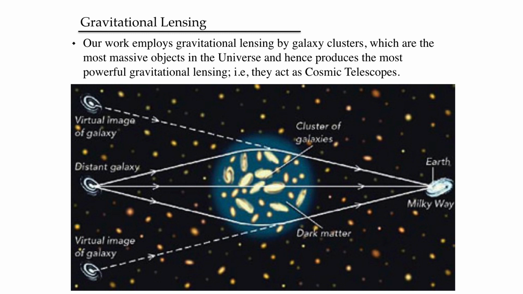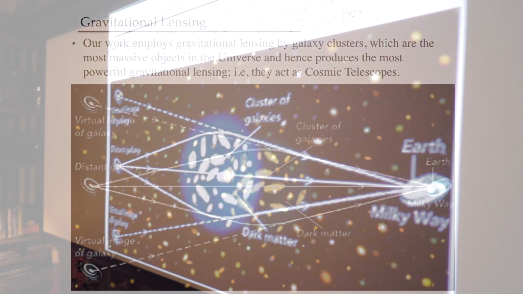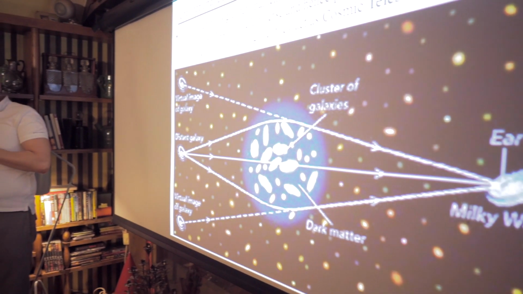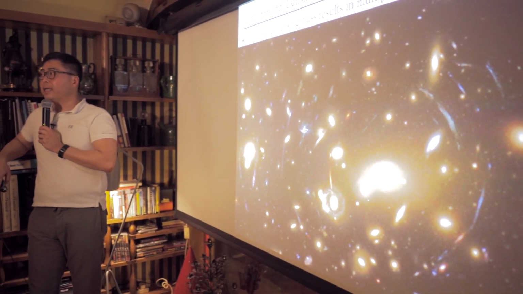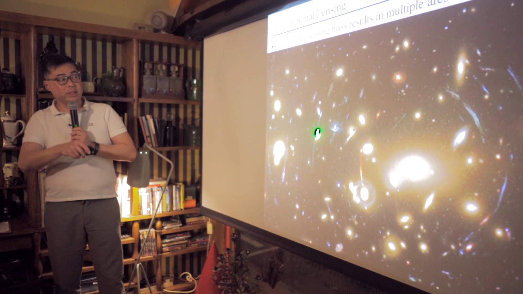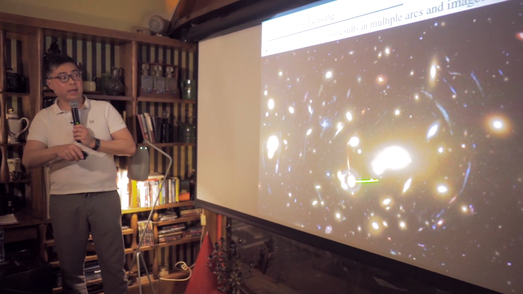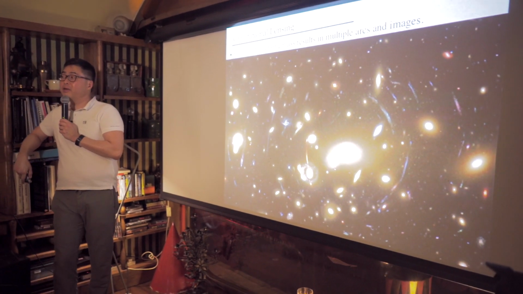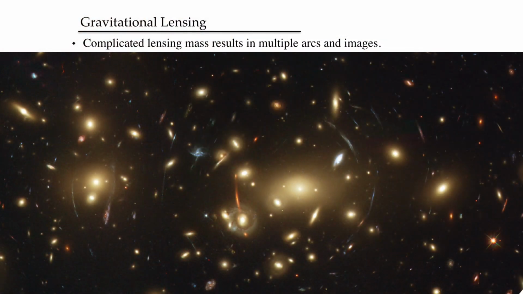They're the most powerful gravitational lenses in the universe. This is what a galaxy cluster produces. We see many arcs, and you can see that different arcs are different colors. These are different galaxies behind the cluster being lensed by the cluster.